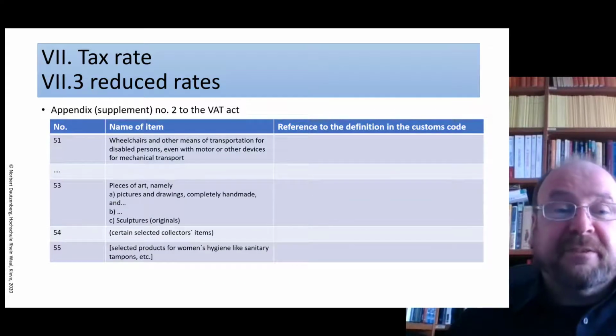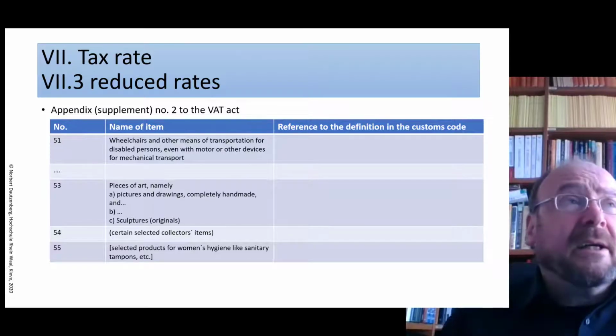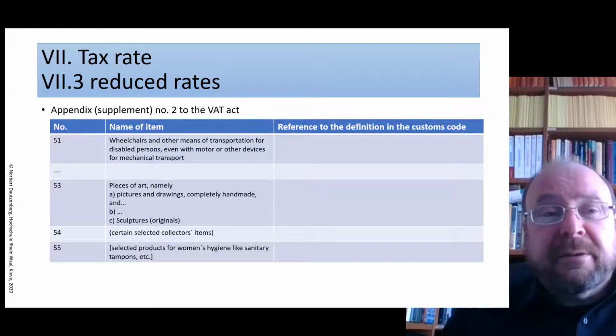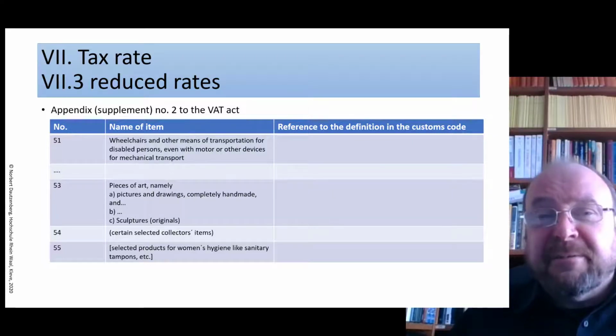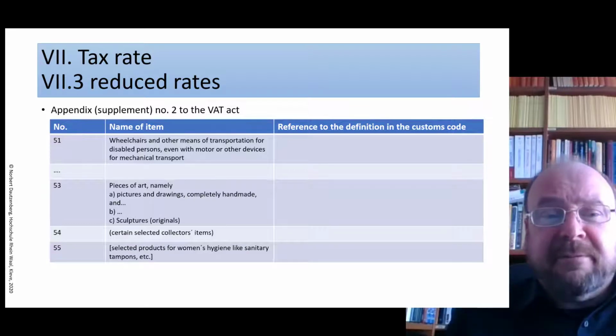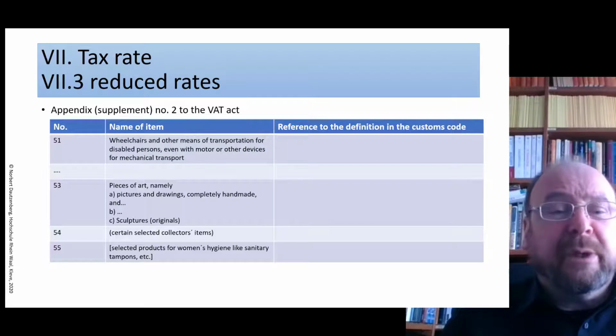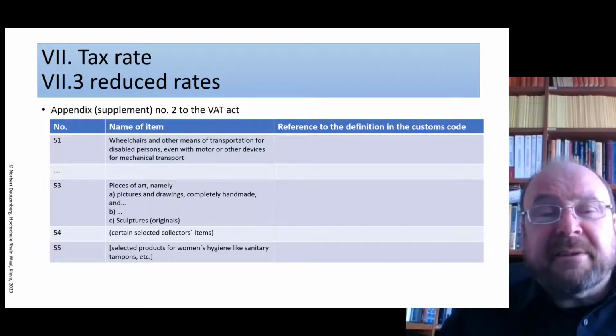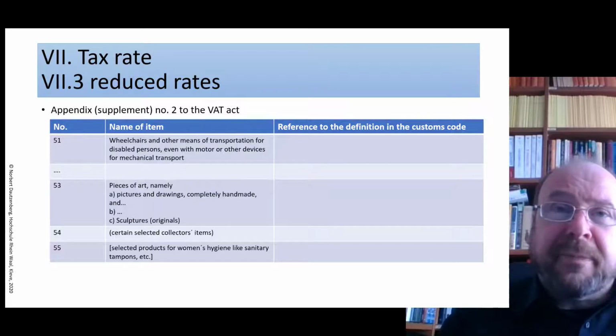Wheelchairs and other means of transportation for disabled persons. Here you see again that the 7% rate is very often applied for things which cover the basic needs of life, which cannot be regarded as luxury demand, but as basic needs which you need to survive. For disabled persons, a wheelchair may be absolutely necessary, and that is why it is on the list. Some other items are placed on the list because one wants to support cultural activities.